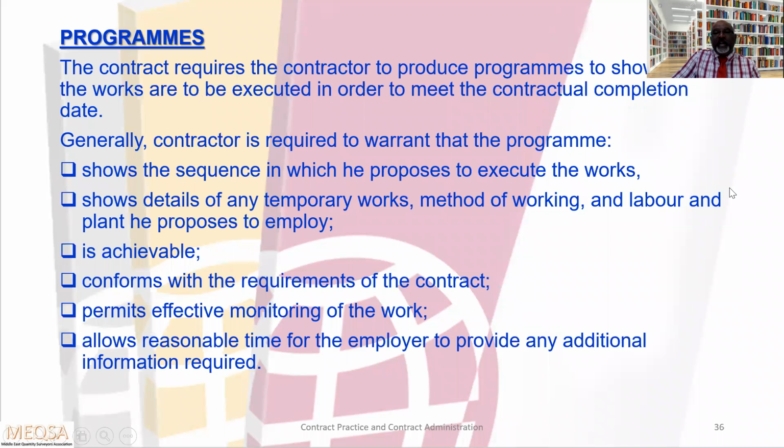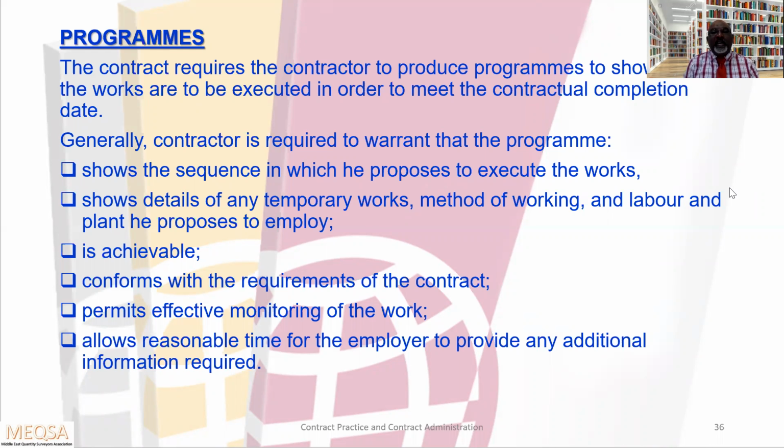Now let us move to the next chapter, programs. The contract requires the contractor to produce a program to show how the works are to be executed in order to meet the contractual completion date.